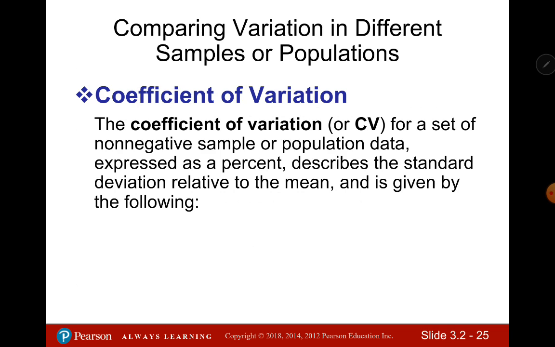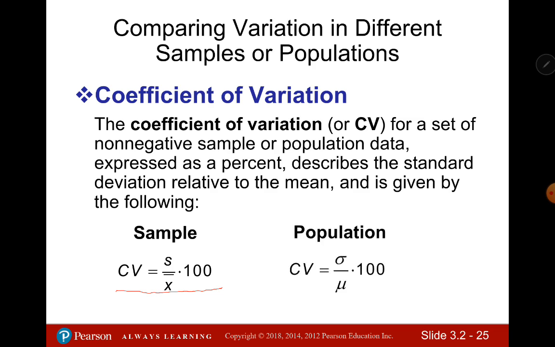We also need to learn another measure, which is called the coefficient of variation. This one is just a little transform of the standard deviation. The coefficient of variation is the standard deviation divided by the mean, times 100%.